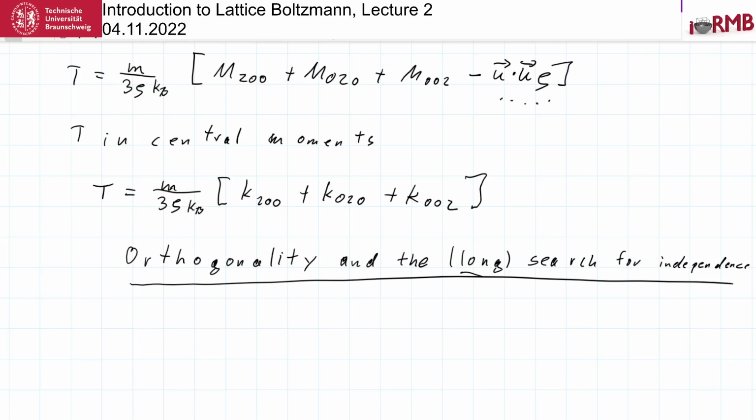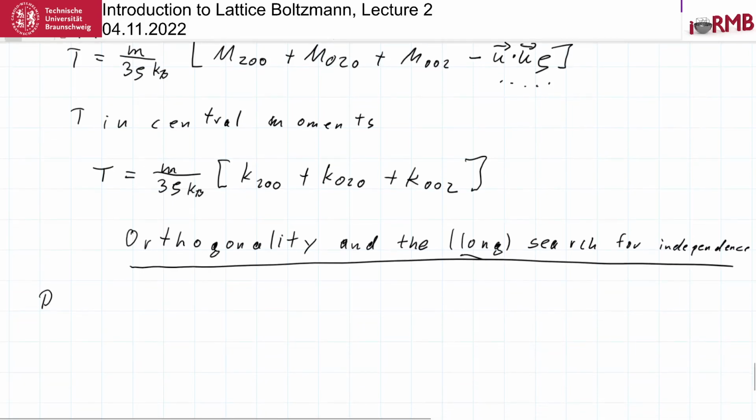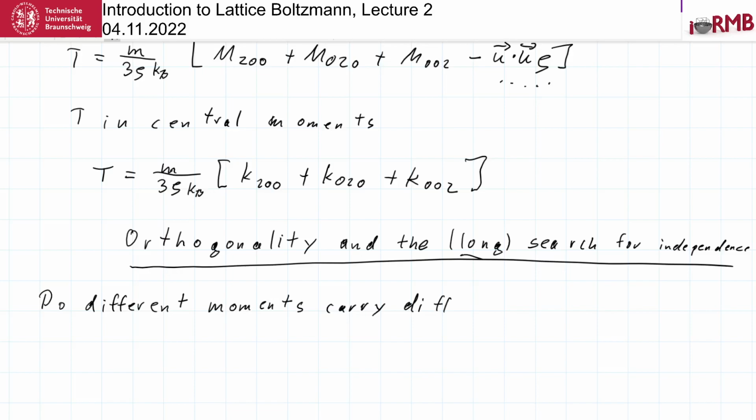Let's ask one question. We have infinitely many different moments, and the question is whether these moments carry different information, or whether they all carry the same information, which could also be.